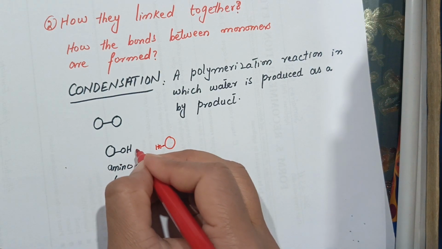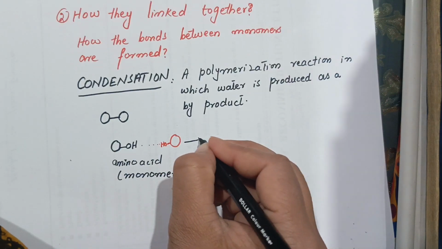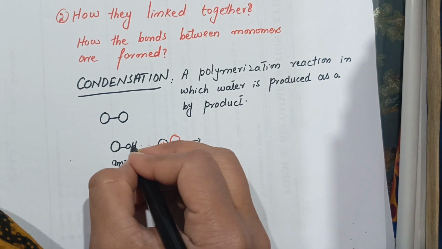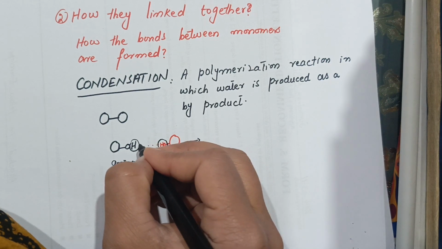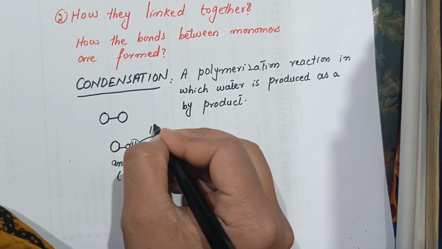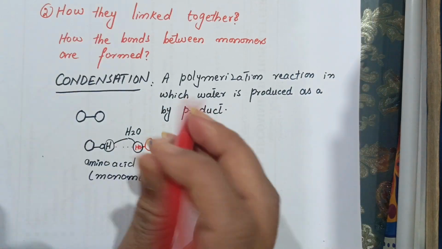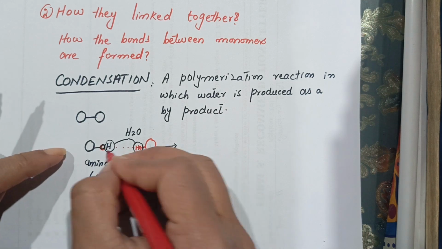When they come together during the reaction, the OH group from one monomer and the hydrogen from the other combine and are released as a molecule of water, and the remaining oxygen will combine these monomers together.